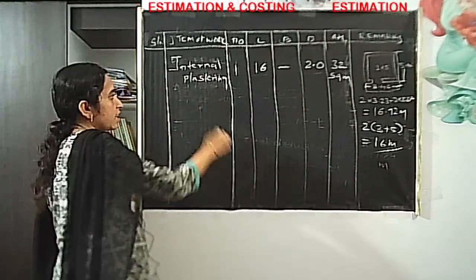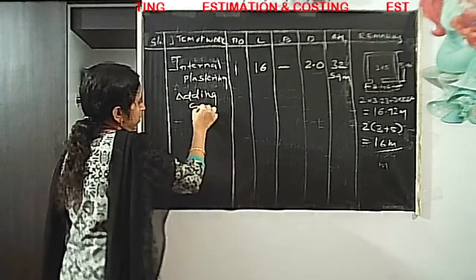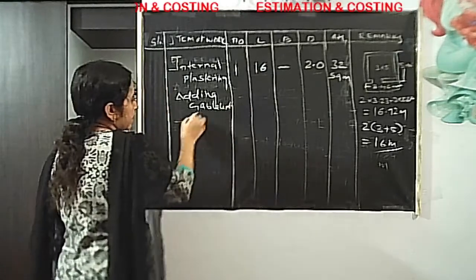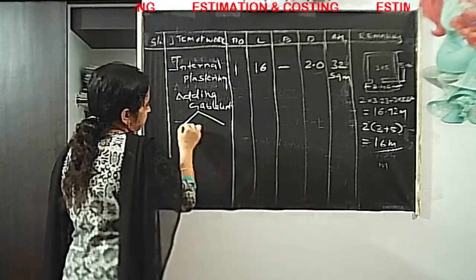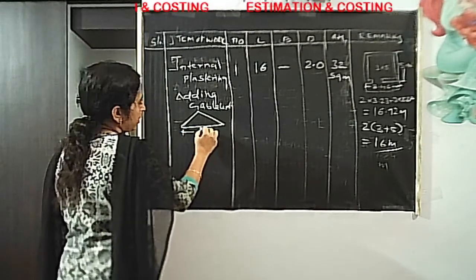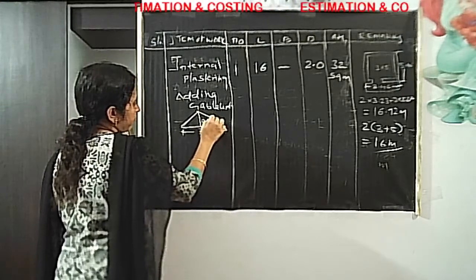Okay, then again I have to add the gable walls. What is the difference in the gable walls here? Interior gable wall, what happens is, it is only 3 meter here. So, 3 into 0.85.